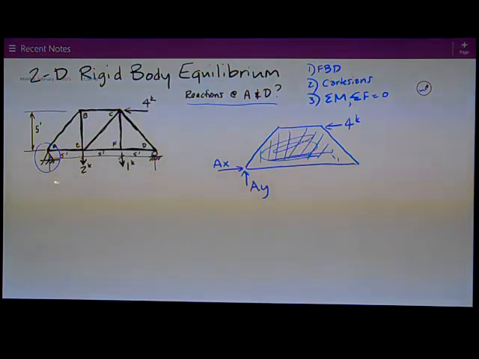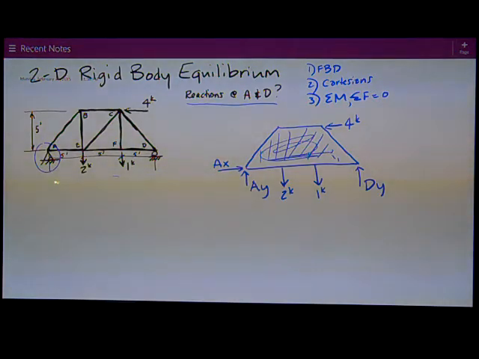At D I have a roller. It allows movement in the X direction horizontally, so all I have at D is a Y reaction. Then I put my loads acting down here on the bottom, 2 kips and 1 kip.